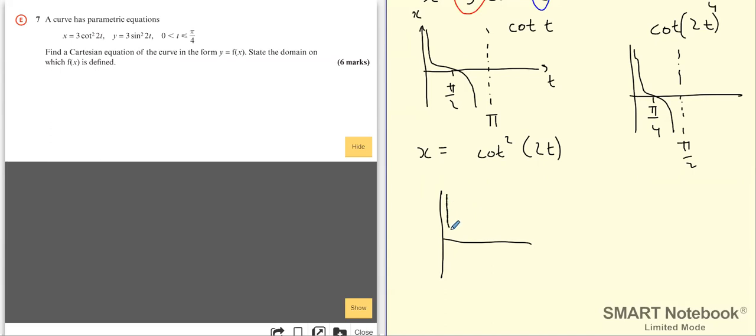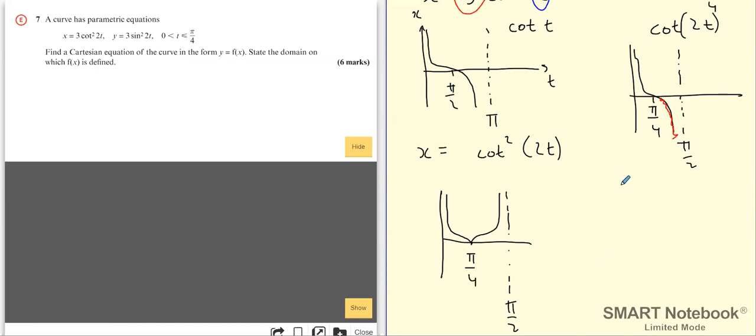Any negative values are now going to become positive, because when you square any negative values, such as these y values here, they are going to become positive, and this bit here is pi over 2, and this is pi over 4.